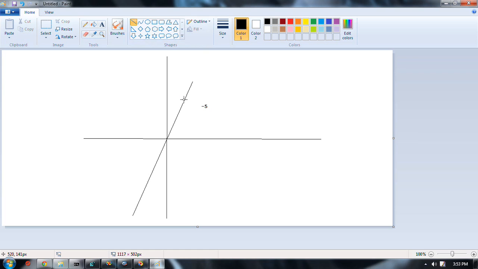So, now, at this point here is z equals minus 5. Now we're going to move a distance down or up.